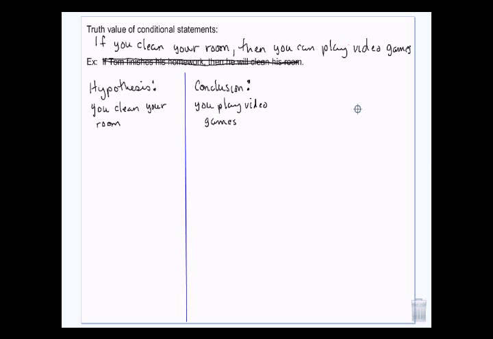And then together we have the conditional, which is the if room, then games.